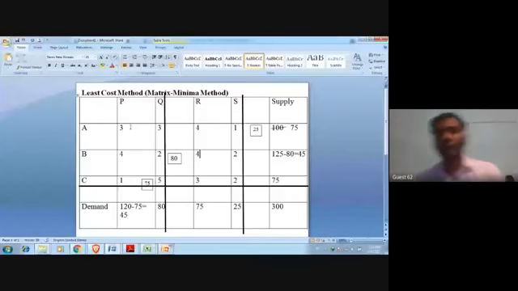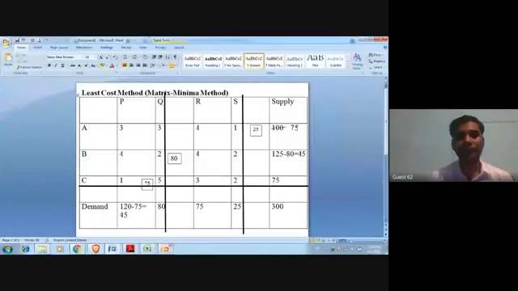And how many units does A have? 75 units. The factory A still has 75 units and the requirement of P is only 45 units. So how much can we give him?